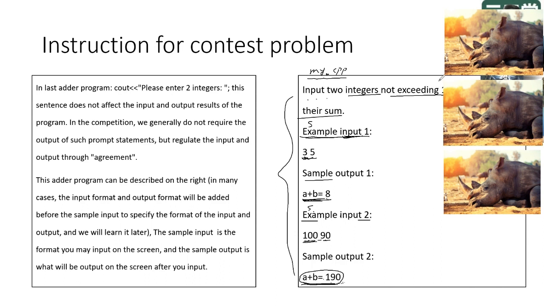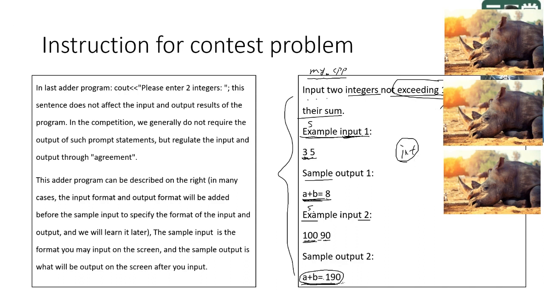This not exceeding 10,000 actually has nothing to do with your logic. We will learn that later. It is to ensure that you can use an int variable to save an integer, but you cannot save a huge number, otherwise it will be wrong.